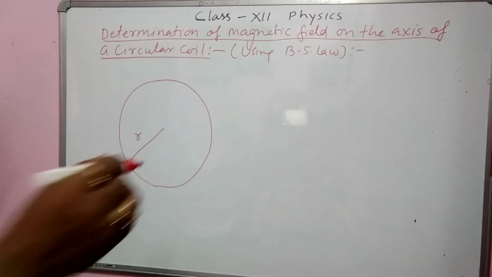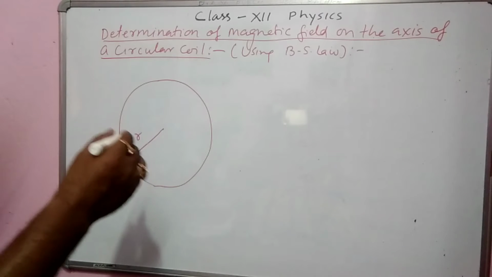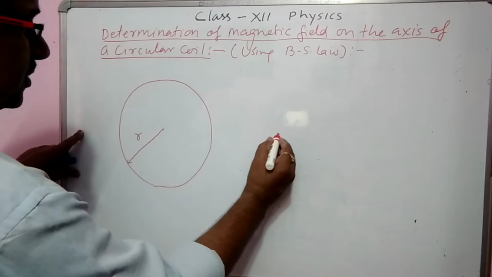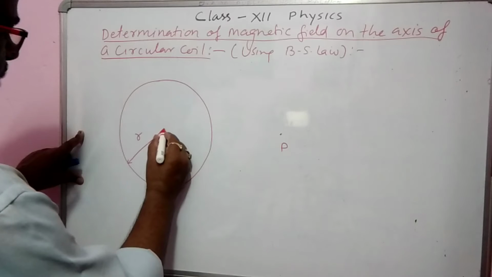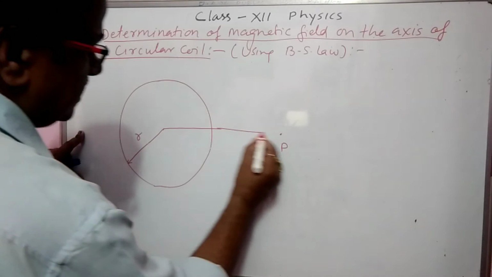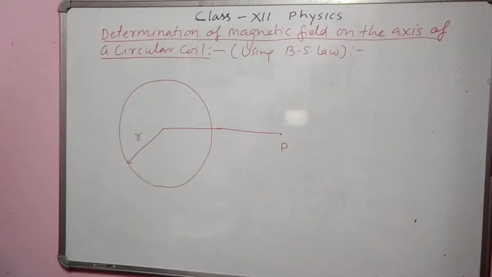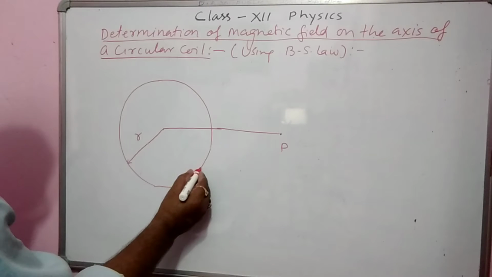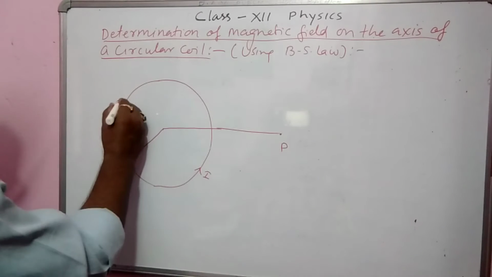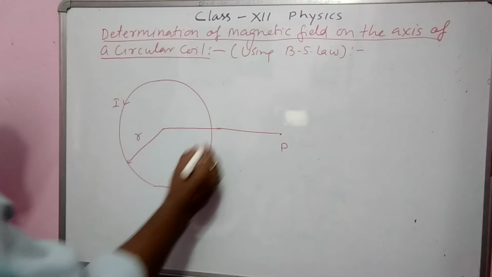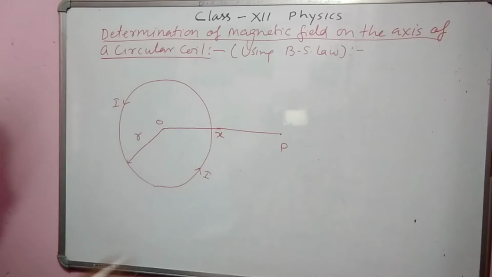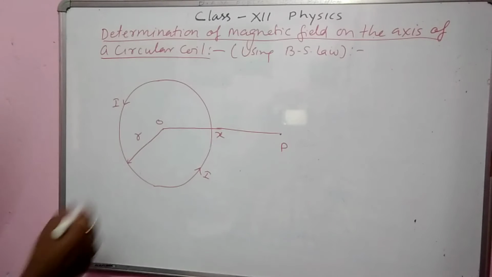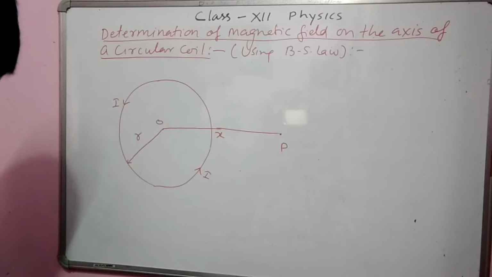P is the point where we want to calculate the magnetic field intensity due to this circular coil carrying current I. Let the point be at a distance of x from the center of the circular coil.